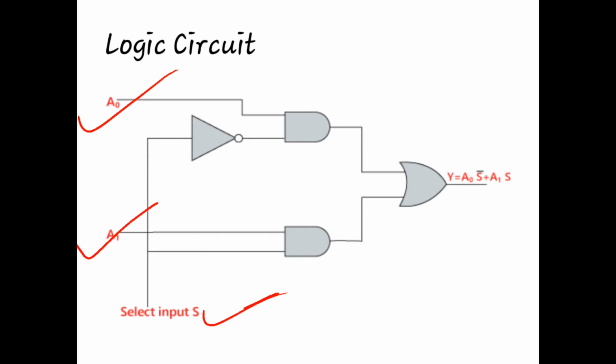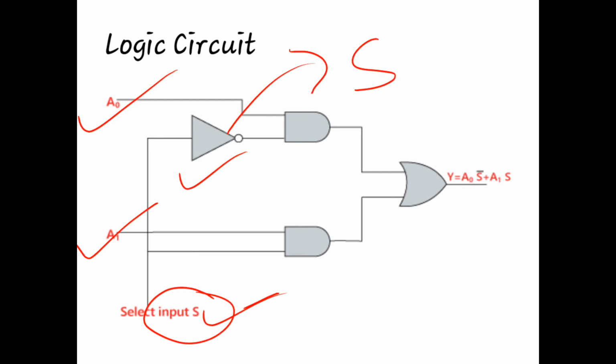So this select line will be used here with the inversion, that is the NOT gate is applied in order to get S bar, or S like this.